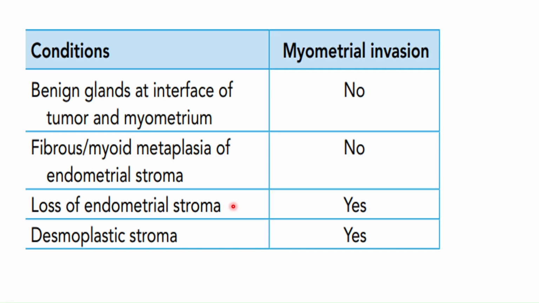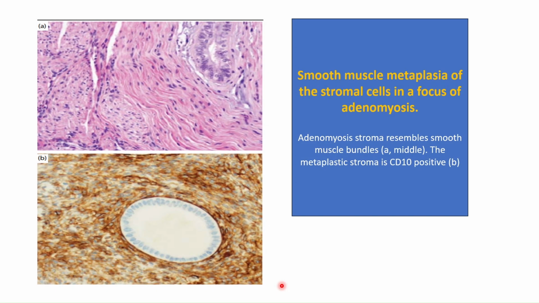So these are the conditions where you can say myometrial invasion is present or absent. Benign glands at the interface of tumor and myometrium, if present, mean no invasion. Fibrous or myoid metaplasia of endometrial stroma, if present, means no invasion. Loss of endometrial stroma as well as desmoplastic stroma, if present, is called true myometrial invasion.